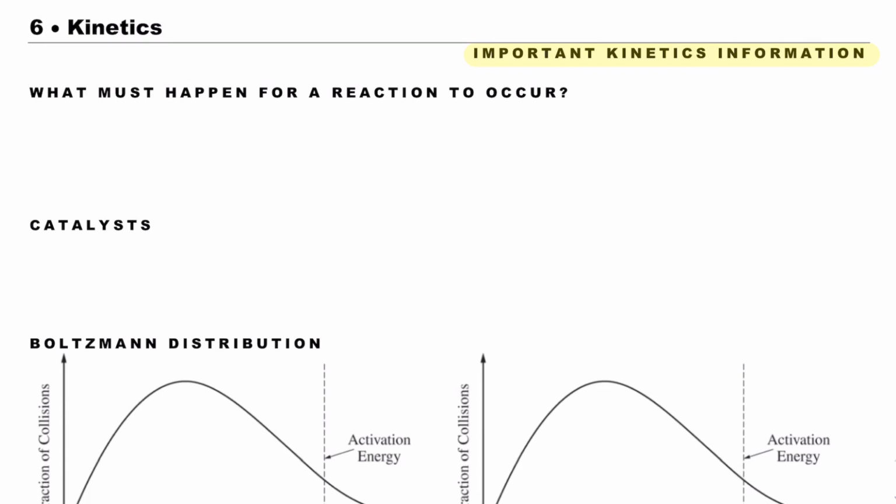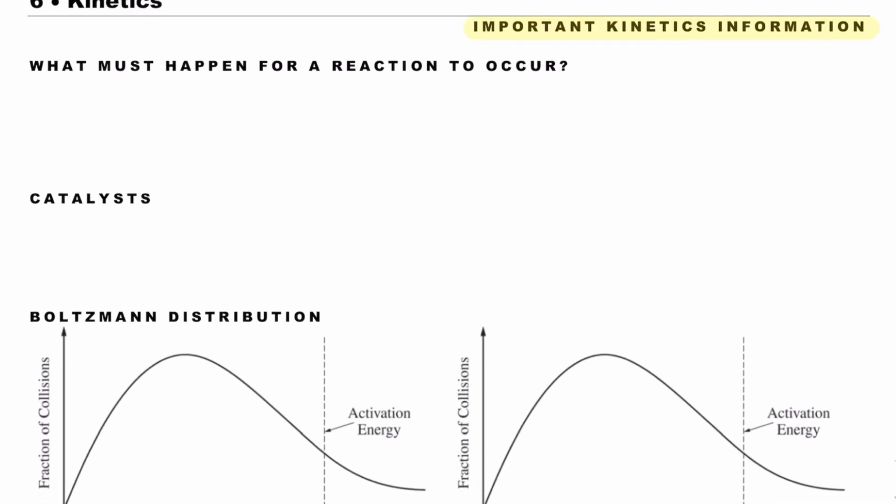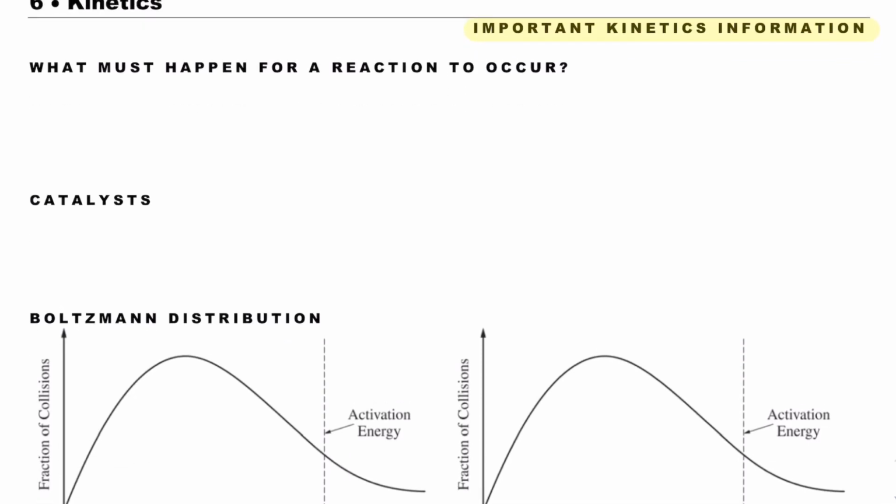Okay, so what must happen for a reaction to occur? Well, let's make up a reaction and we can say A plus B forms, let's say, C. And so what I know is that A and B have to collide. But with their collision, most of the time they're just going to bounce off of each other.